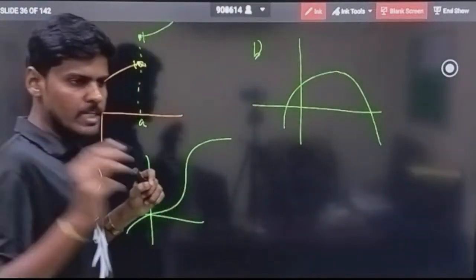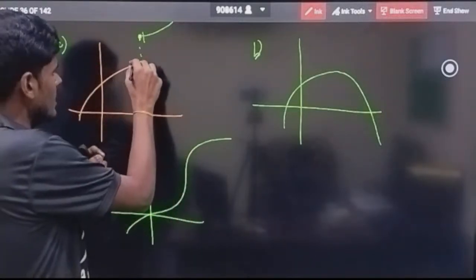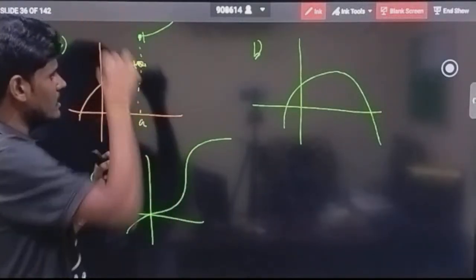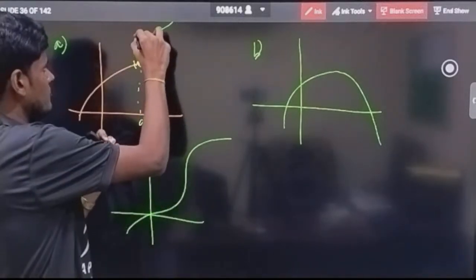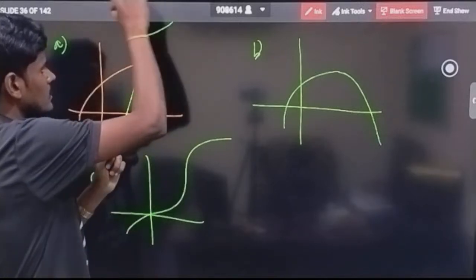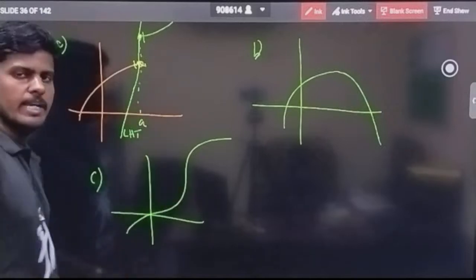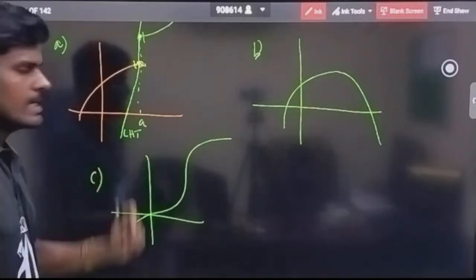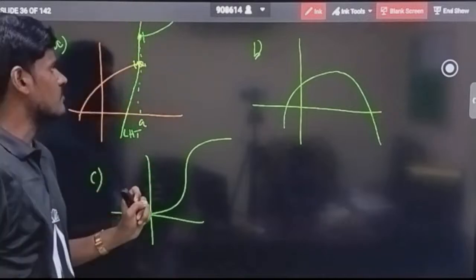So when we draw a tangent to this curve, we take the value very close to the function value on the left hand side, this one, and the function value, this one. When you connect a line through these, it gives us the left hand tangent. LHT means left hand tangent, the tangent drawn from the left hand side of the function value.